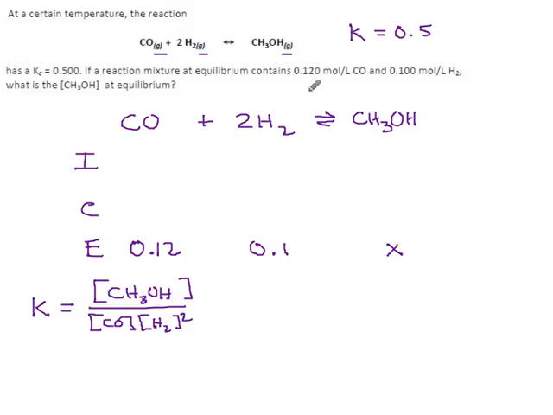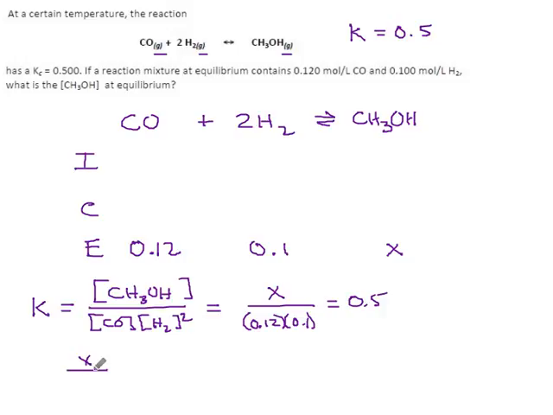Notice these are all gases, so they are all included in the K. I hope you're keeping an eye on that. So if we put values into this, for CH3OH, sadly, we get X. For carbon monoxide, we get 0.12. Hydrogen, we get 0.1. And all that equals 0.5.